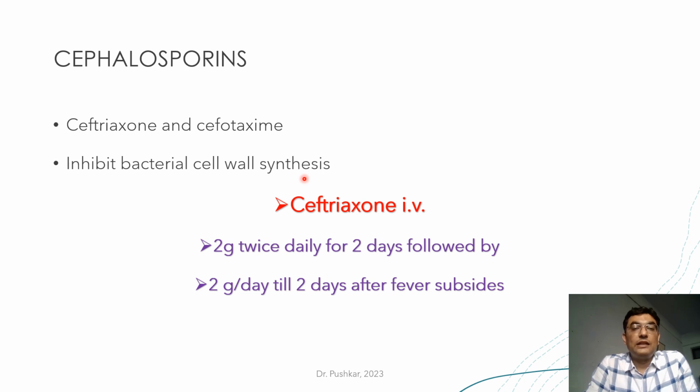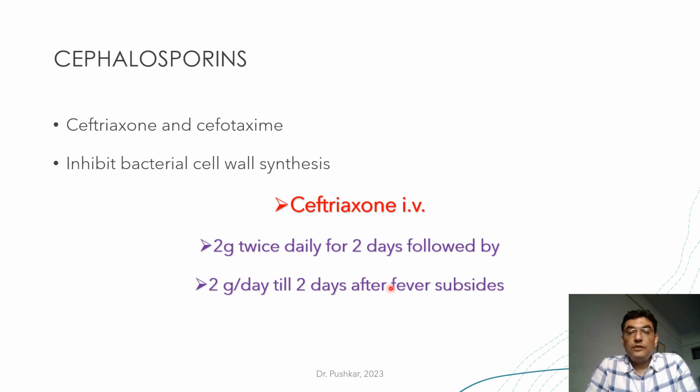Okay, so they inhibit bacterial cell wall synthesis, and ceftriaxone is given IV and the dosage is 2 gram 2 times a day for 2 days, and it is followed by 2 gram per day till 2 days after fever subsides.